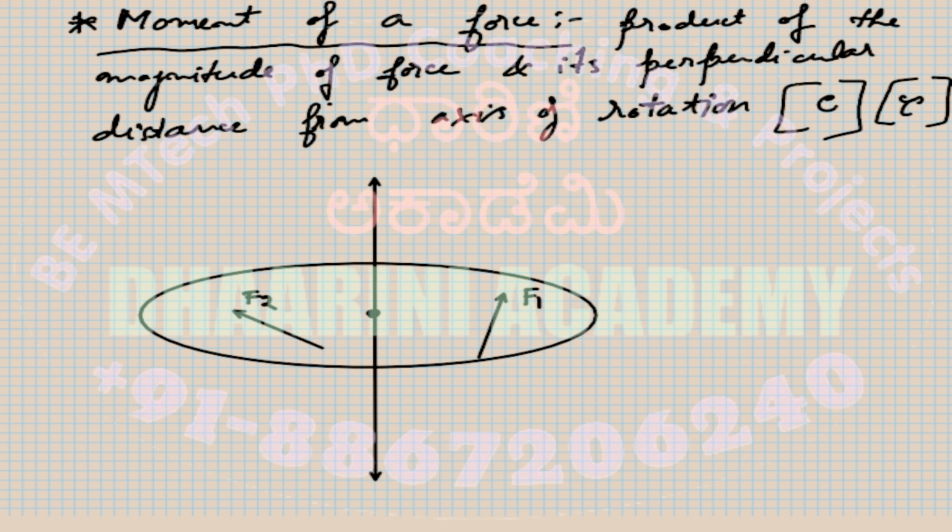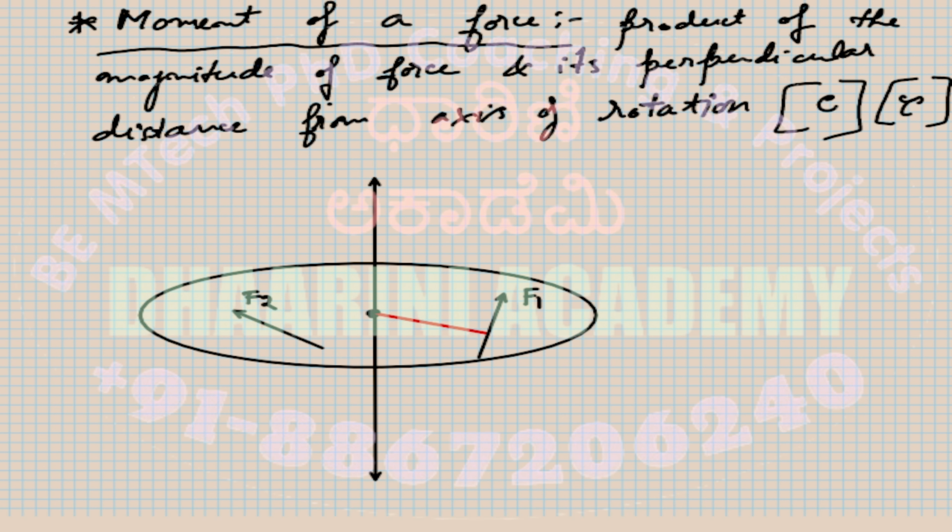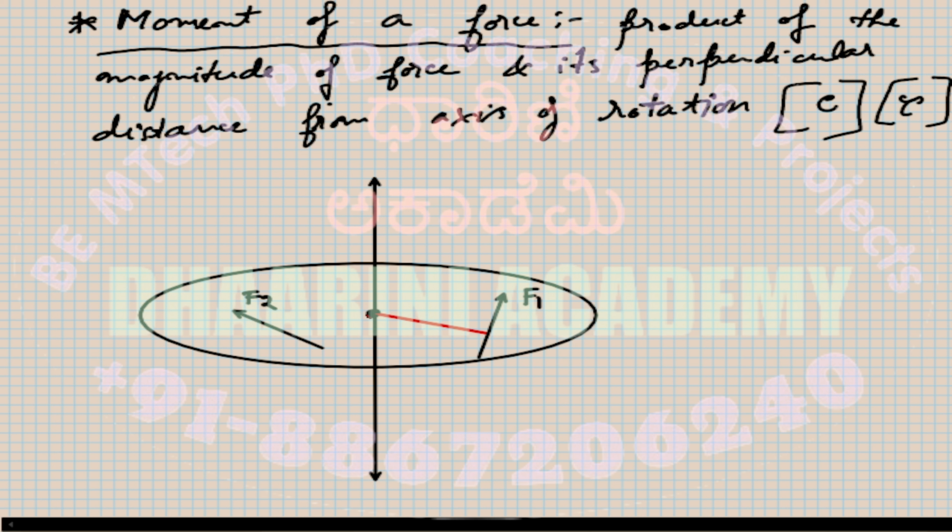So let me draw a perpendicular distance like this. For the first force, the perpendicular distance could be like this. For the second force, there is another perpendicular distance that can be measured, like this.